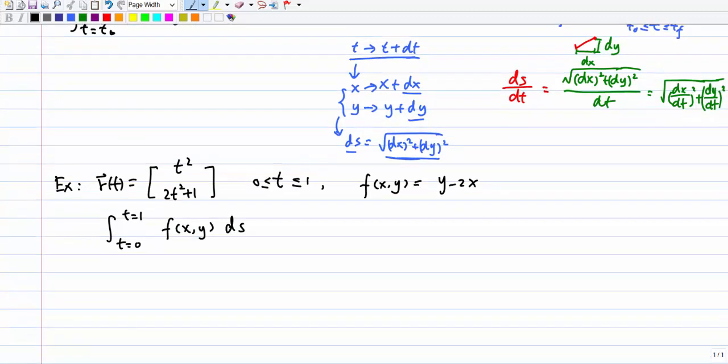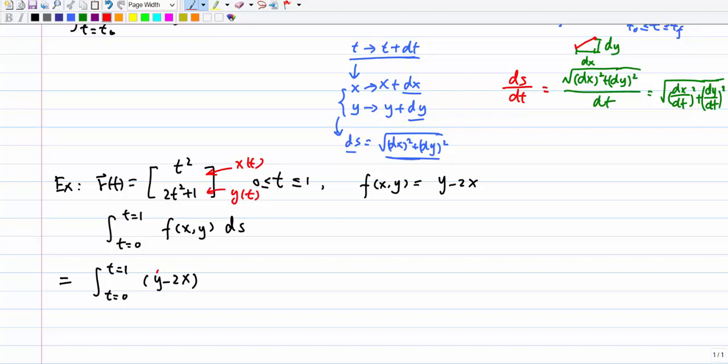Let's use what I mentioned before to compute the line integral. This is t0 to t1, so you never change the integration lower bound and upper bound. What you change is just the f(x, y). As I mentioned before, f here is just y minus 2x. So this first one is x(t), and this is y(t), since by definition r(t) is x(t), y(t).